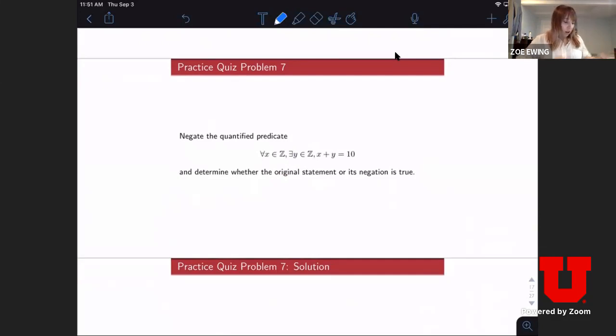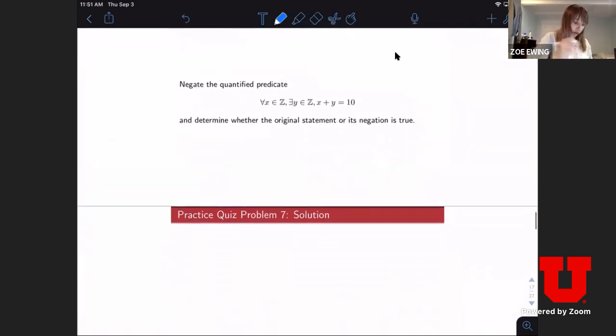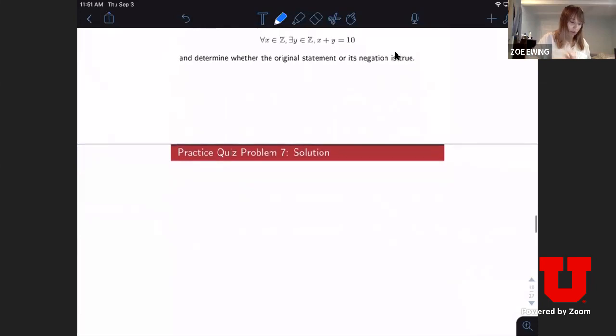So we are negating the quantified predicate and then determining whether the original statement or its negation is true. Let's start by rewriting the statement with the negation around it. So, for all x in the set of integers, there exists a y in the set of integers such that x plus y equals 10.